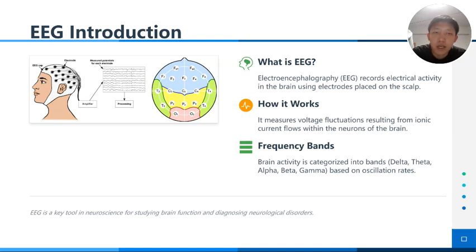These signals are categorized into different frequency bands, such as delta, theta, alpha, beta, and gamma, each associated with different brain states.